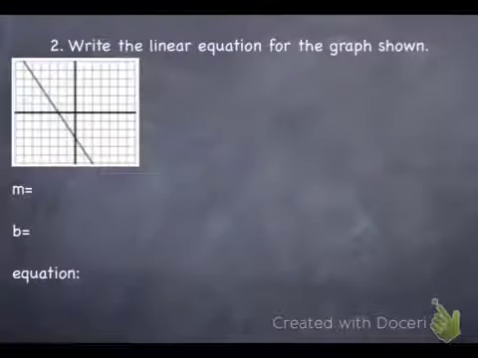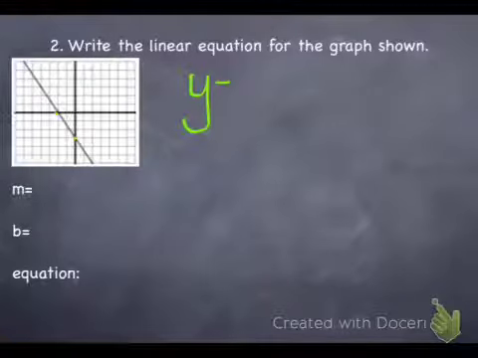Number 2, you're going to do the same thing. This one, they haven't provided points, but when they don't provide points, you're going to have to pull them off yourself, and it shouldn't be too hard. You can see one here, and I'm sure there's more. But just to review, you're going to do y equals mx plus b.